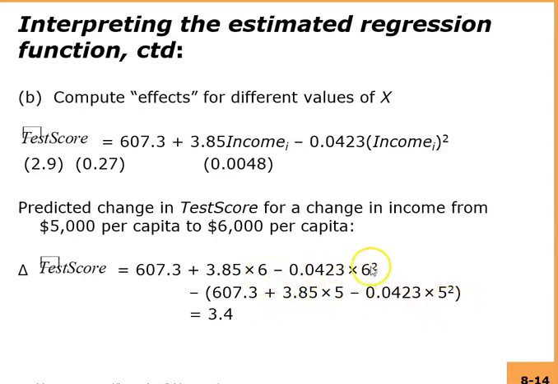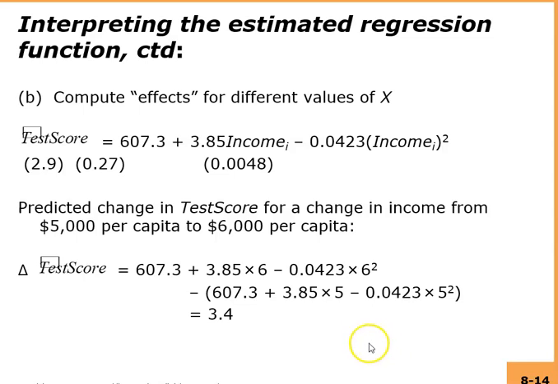So the square term over here and over here means that the marginal effect of x is going to change. If the square term was not present in this regression equation, the marginal effect of x on y would remain the same throughout. But that is what we wanted.